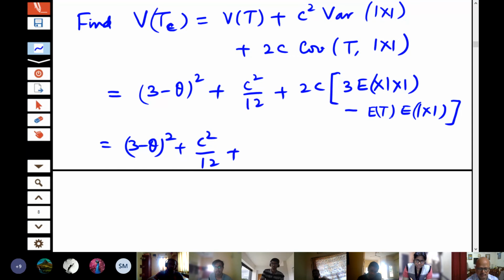So 3 theta by 4 minus theta by 2. So that becomes theta by 4. Okay. So you get finally 2c into theta by 4, that is c theta by 2. Is that okay? That is what you said? Do you agree with this calculation?